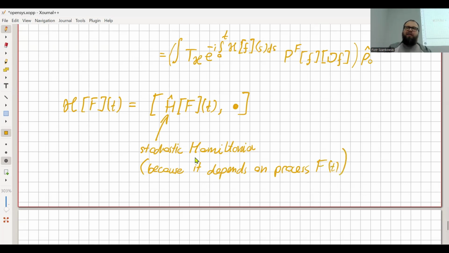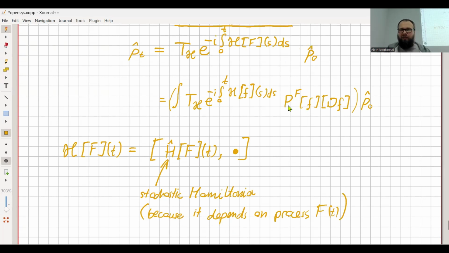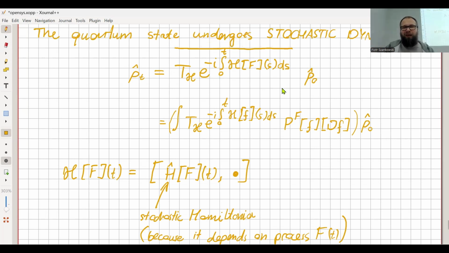So we have a stochastic process f, which has a functional probability distribution P[f], and a Hamiltonian that depends on it. It generates evolution by taking the exponent and averaging over realizations of the stochastic process. That would be the definition of our stochastic dynamics.